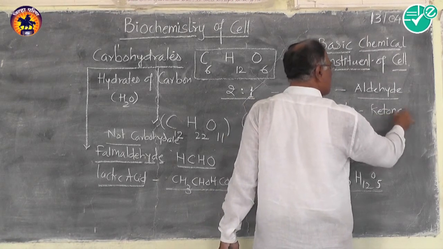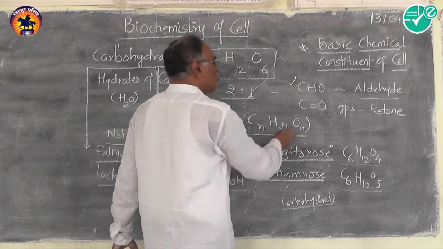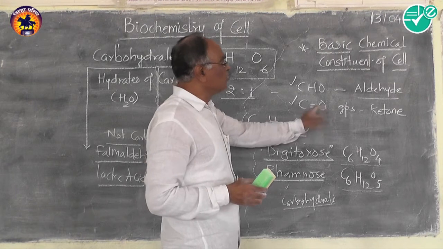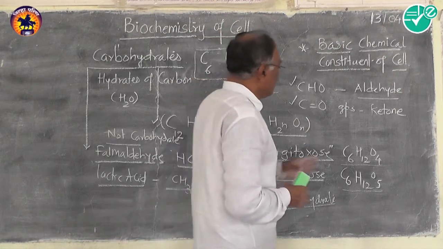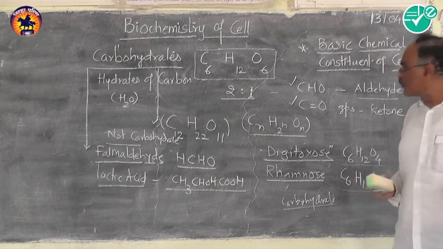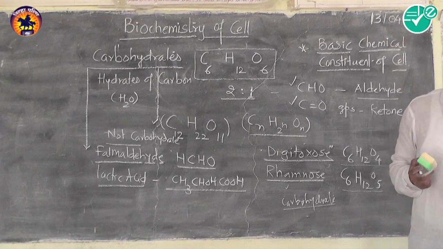On the basis of the presence of the aldehyde group, the sugar is an aldose sugar, and on the basis of the ketone group, it is a ketose sugar. You know very well, aldose is glucose and ketose is fructose.